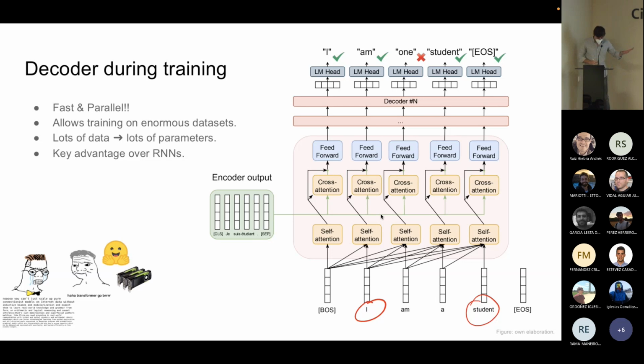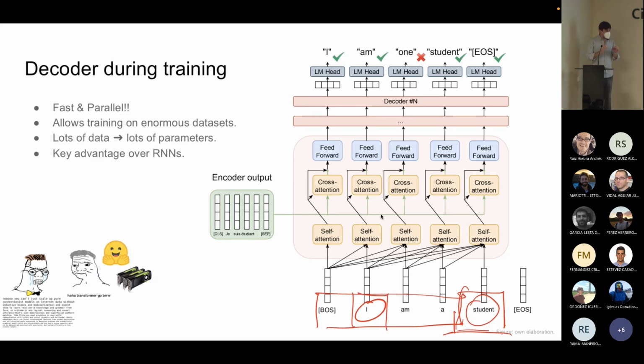We know the sentence in French is "Je suis étudiant", and the sentence in English is "I am a student". So we can assume that the model has already gotten the previous words well, and we can train for "a student" at the same time that we train for "I".